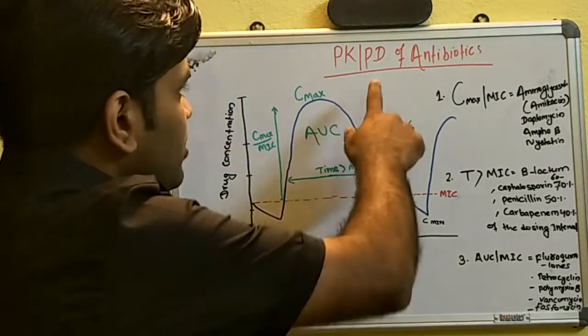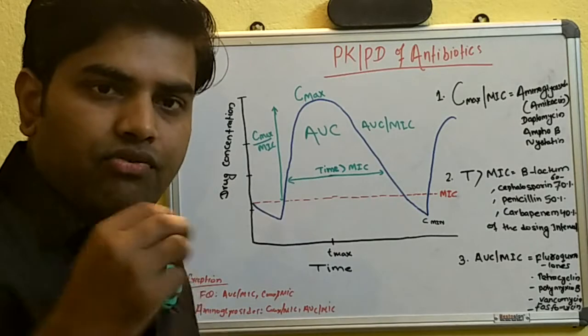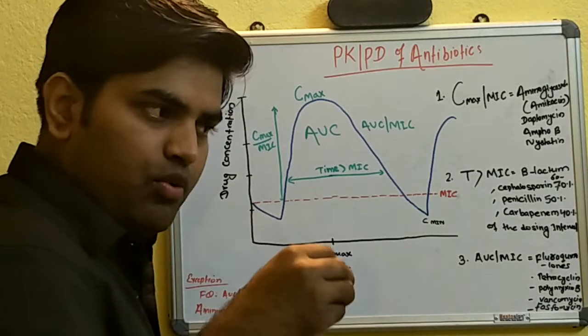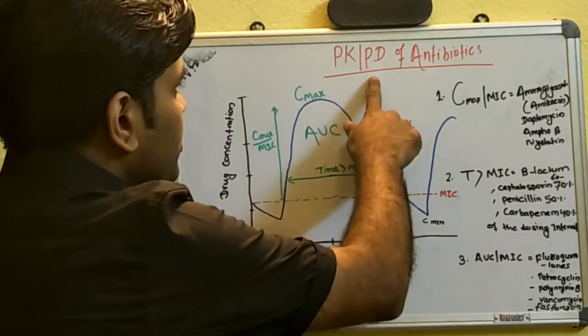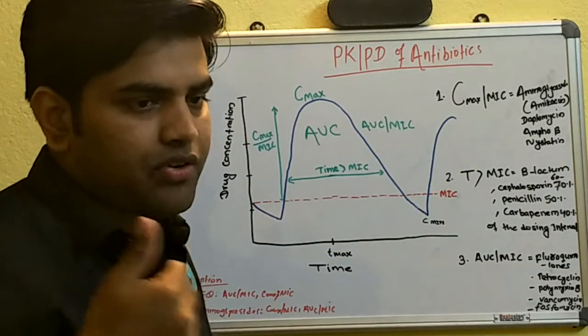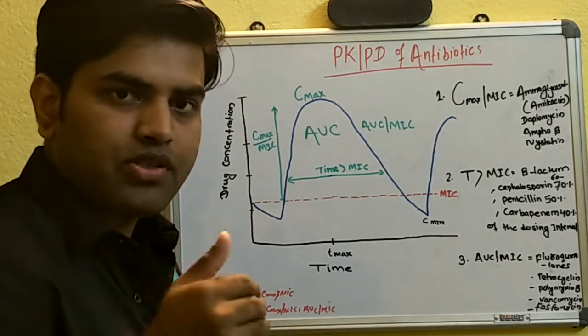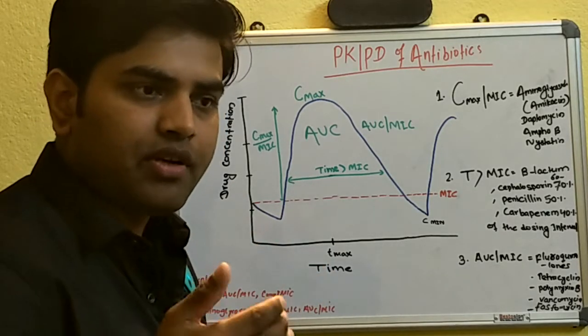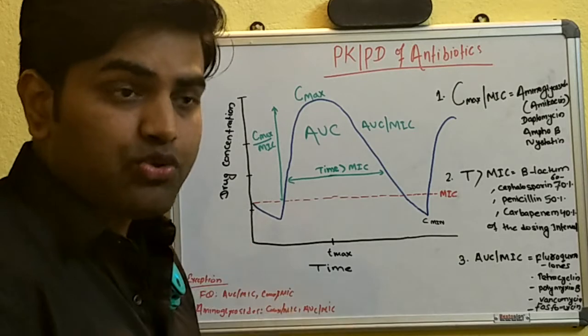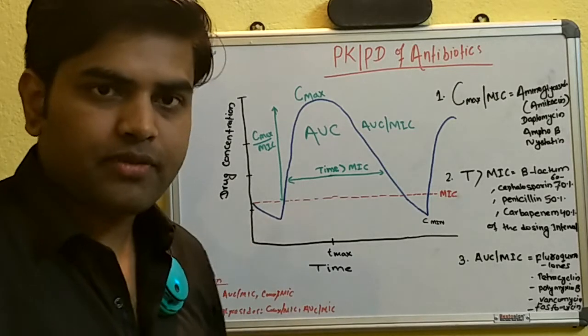But pharmacodynamics is the action of the drug, that is, what it does to the body. After the drug is absorbed, it reaches the proper site and binds to the receptor, and the effect it produces in the body after binding is pharmacodynamics.